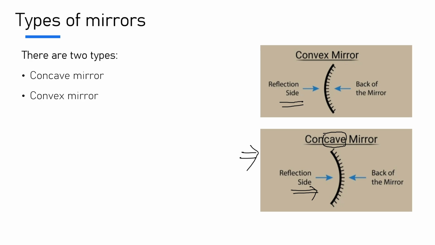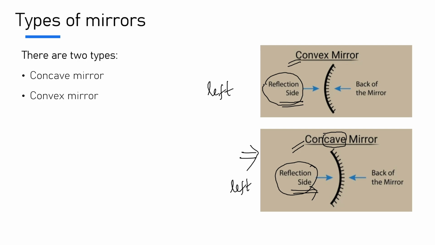And one more point that you should remember is that whenever you are drawing a convex mirror or a concave mirror, ensure that the reflecting side is always facing towards left. So for concave also, the reflecting face should always face towards your left side. This is very important when you draw the ray diagrams.